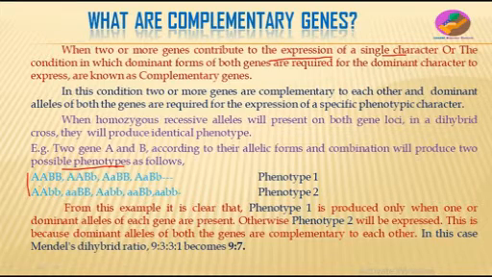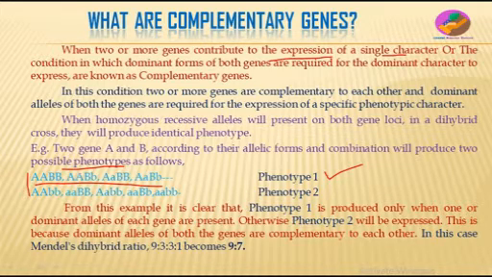In the first case, you can see clearly that when dominant alleles of both genes are present in the offspring, it will produce phenotype 1. Here you can see both capital A and capital B are present.